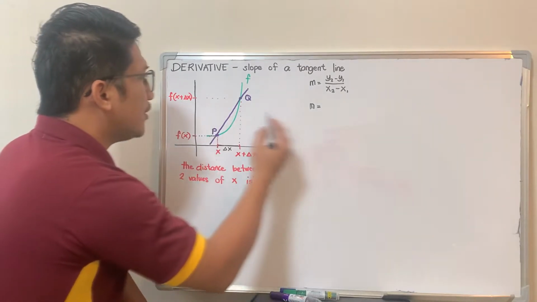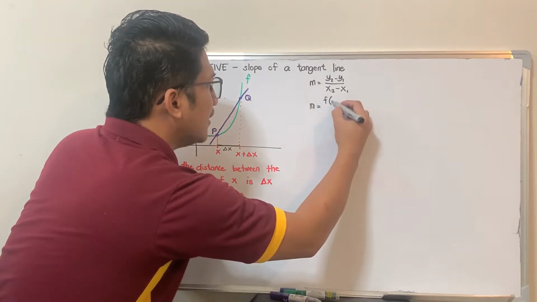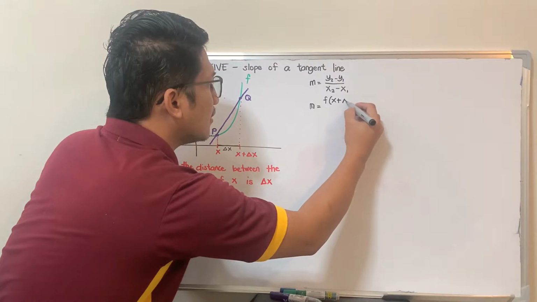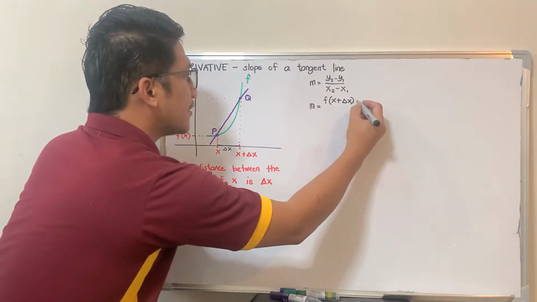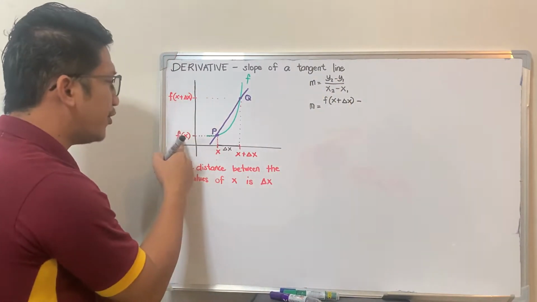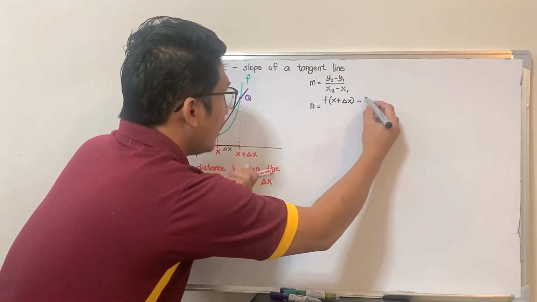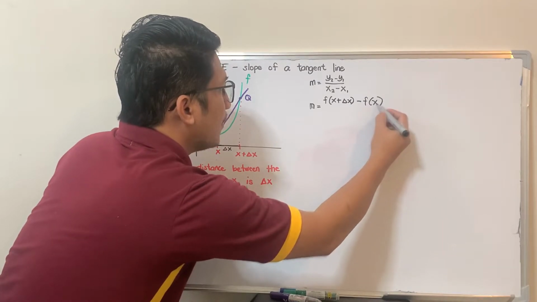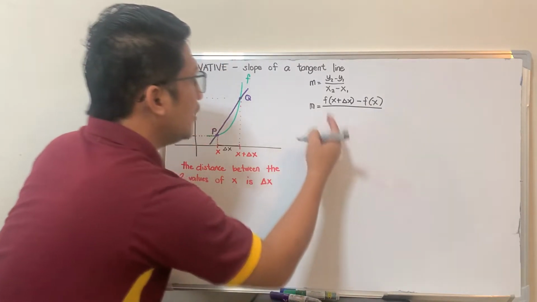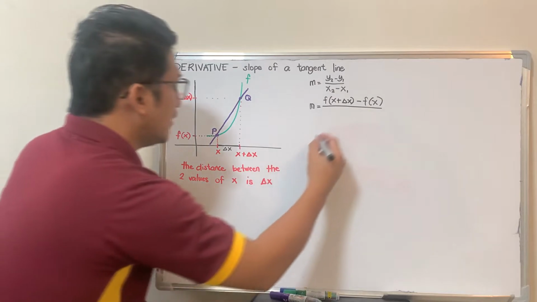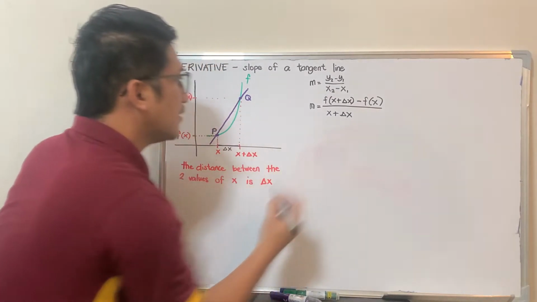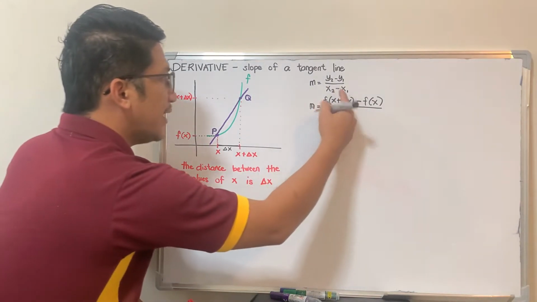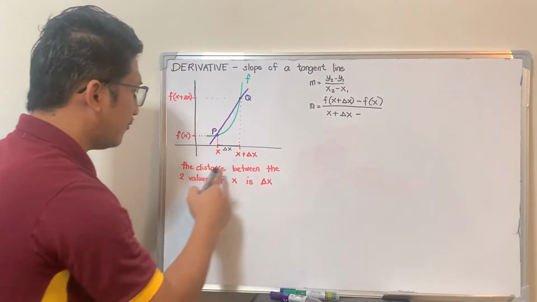So your y sub 2 is f of x plus the delta x, minus your y sub 1, which is actually f of x, all over your x sub 2, which is x plus the delta x, minus your x sub 1, which is x.